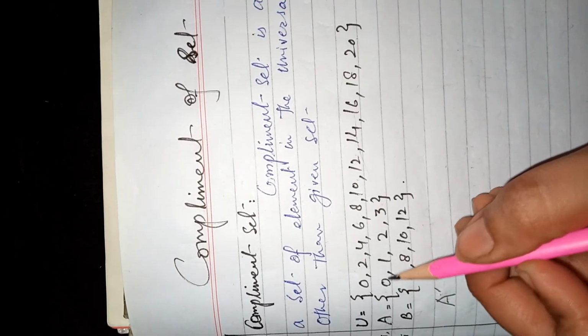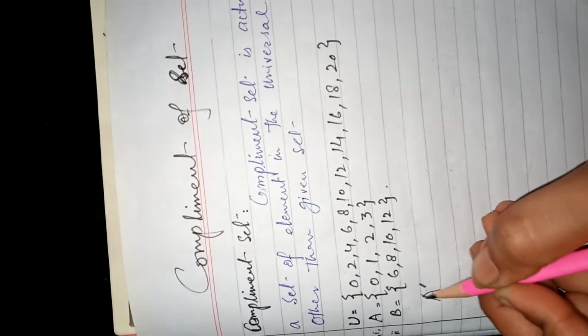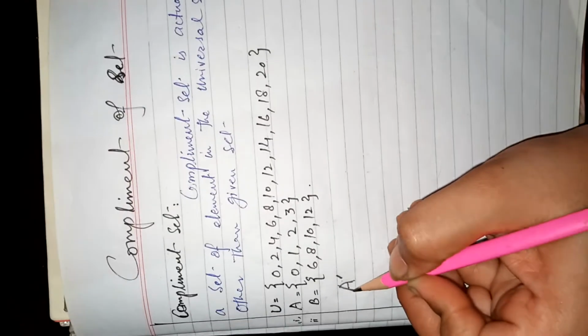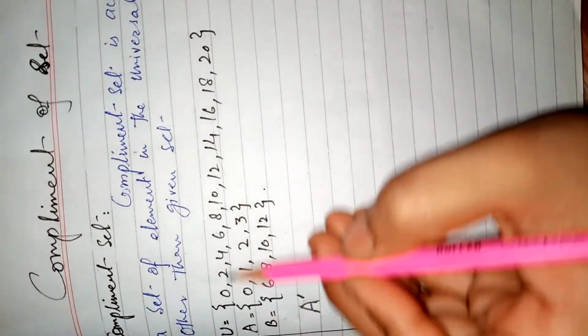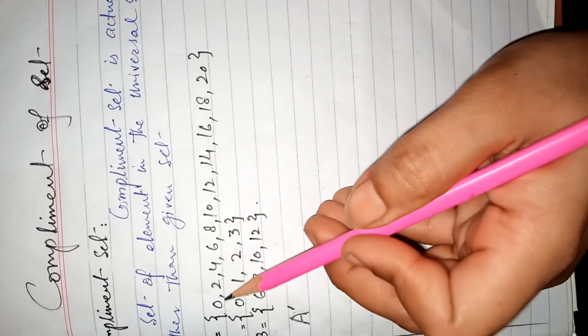A is a set of whole numbers. It is also called A complement. The universal set has all the even numbers less than or equal to 20.